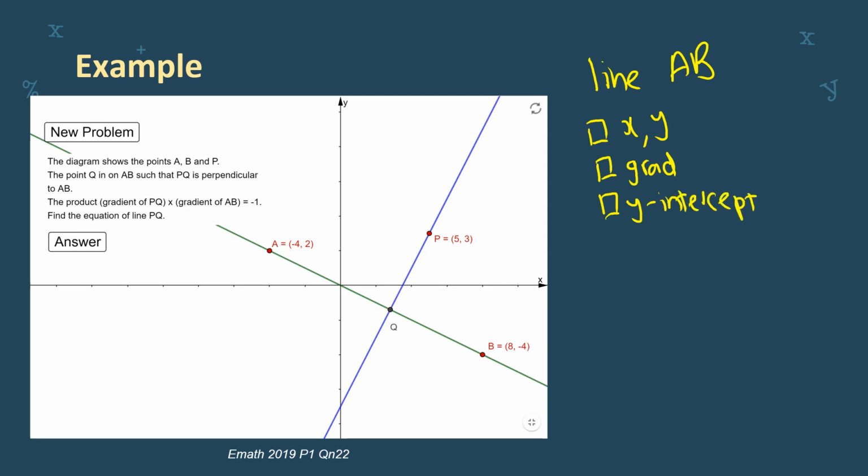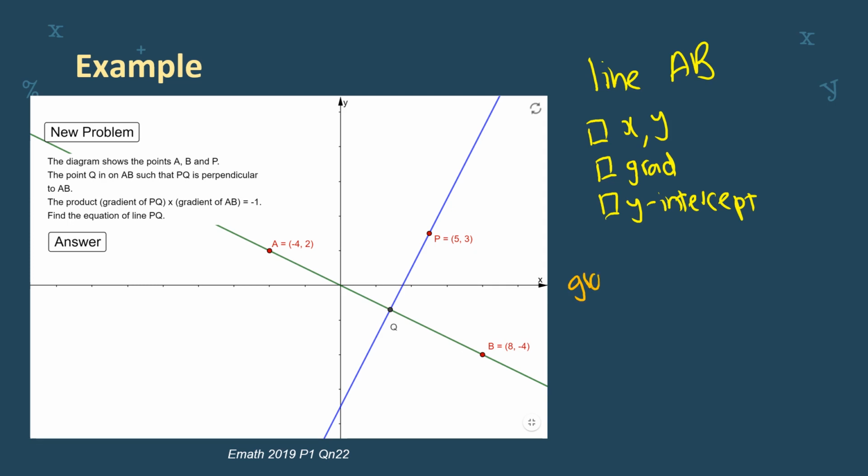In order for us to have our line equation, we need to have the gradient and y-intercept. Those are the most important things. So, first and foremost, we can find the gradient of line AB as we are given the coordinates of point A and the coordinates of point B. So that is the first thing we can do, gradient.